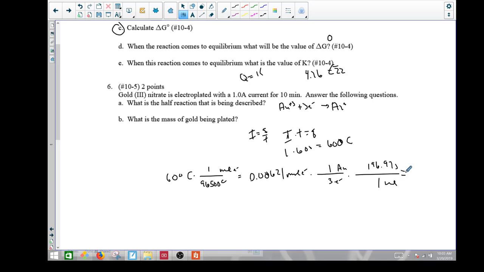So we'll take our moles, divide by 3, times 196.97 equals, and we get about 0.4 grams. That's what I got. It's 0.408 grams for 3 sig figs.